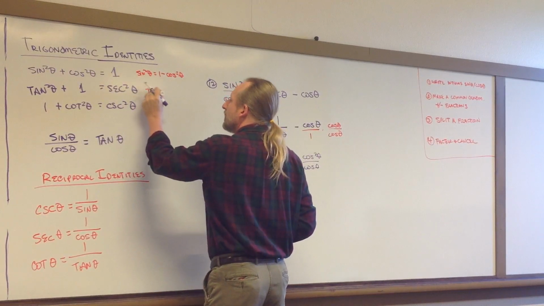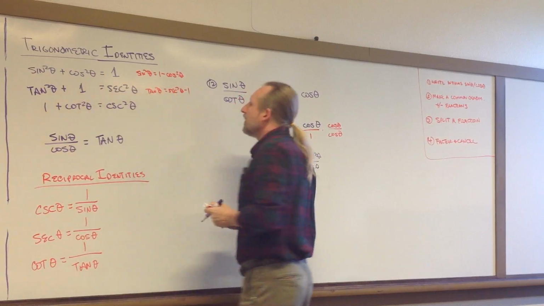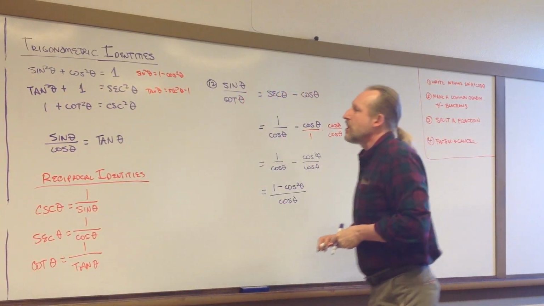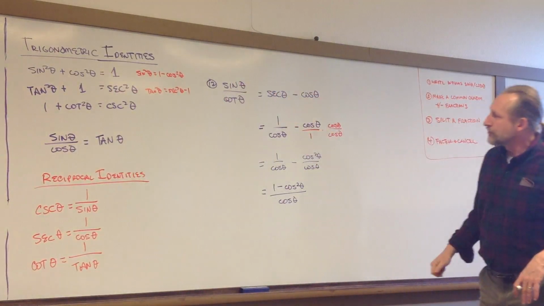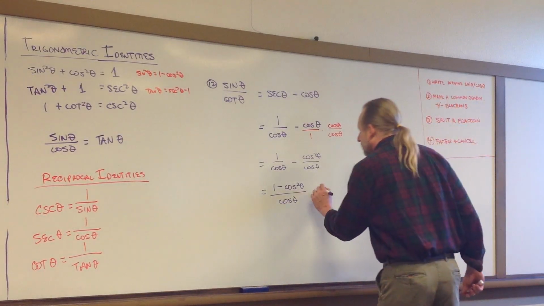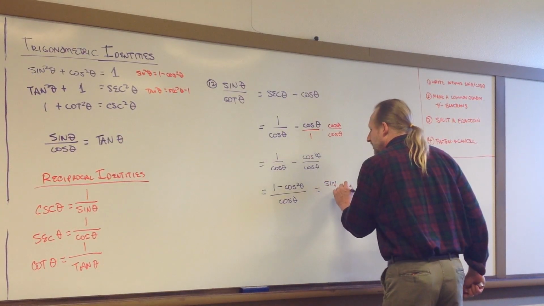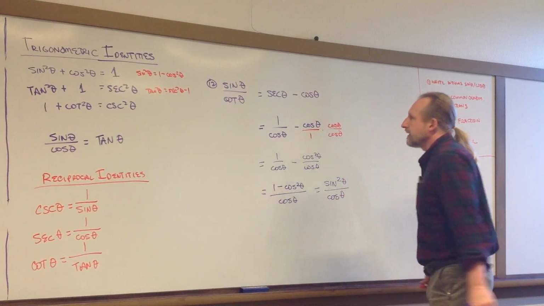Over here, we could say tangent squared is secant squared minus 1. And that's because we know that these are already equal to each other. We've demonstrated the truth of them. All right, so here, 1 minus cosine squared is going to be sine squared theta over cosine theta.